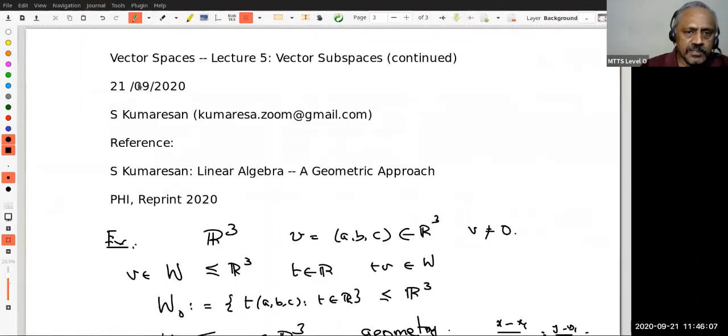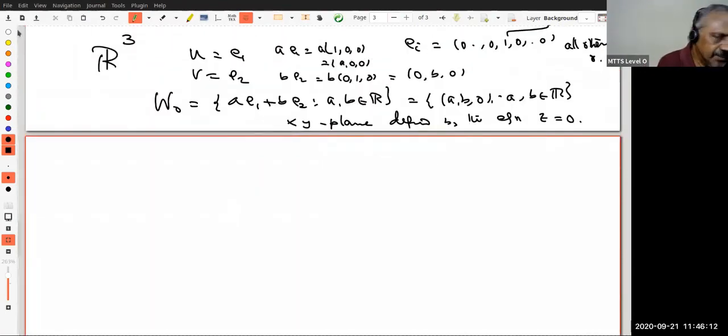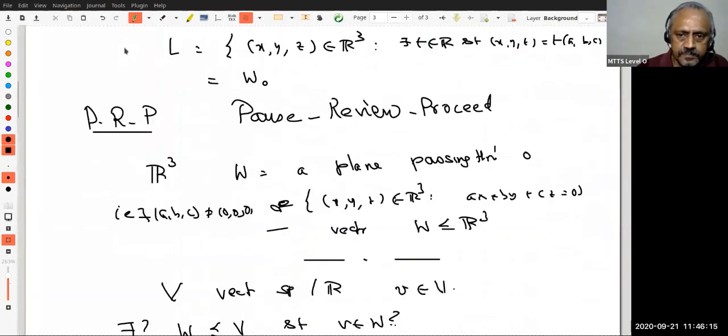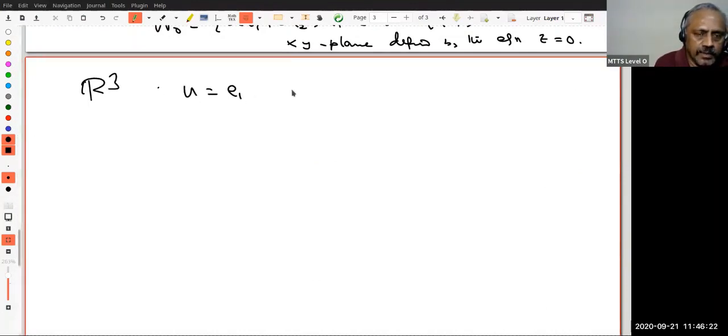Just before we go to the little more general case, let me look at one trivial case. Suppose the same R3. Now suppose my U is E1 and V is, let us say, 5 times E1. Then what is the vector subspace W naught which contains U and V? Notice that this is going to be A times E1 plus B times 5E1.